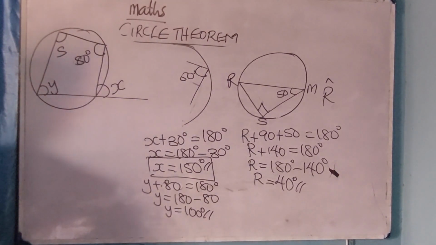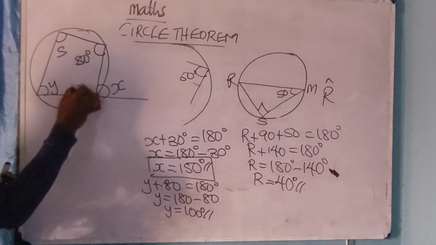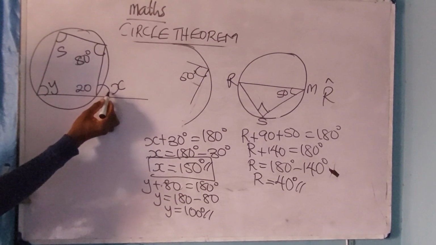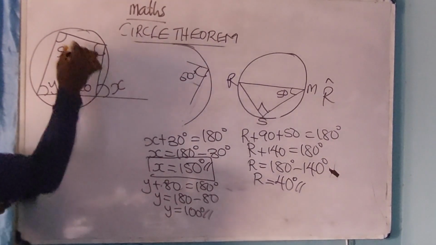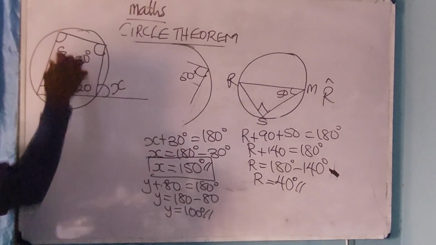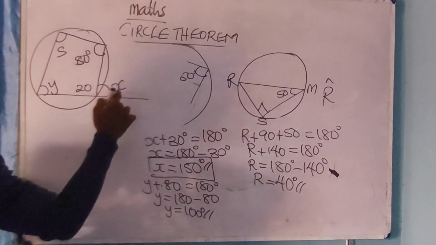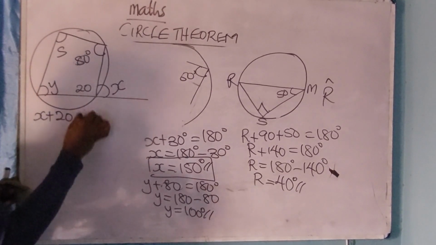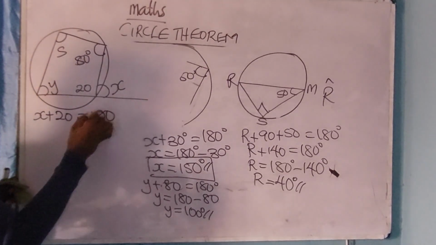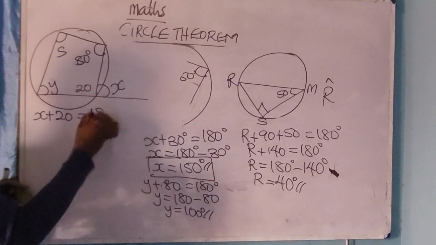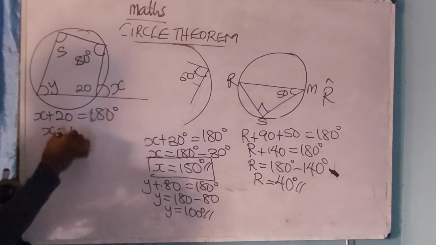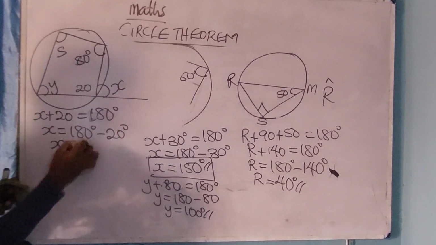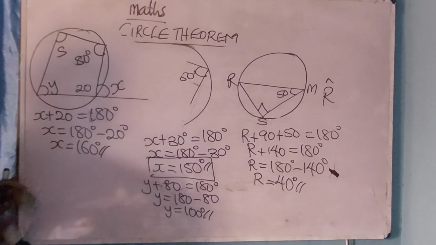Now, what is the first thing we'll do here? Okay, maybe 20. Now, to look for the value, I told you that the exterior angle of a cyclic quadrilateral is equal to the interior opposite angles. Now, to get the value of x, it is x plus 20 degrees equals 180. Now, x equals 180 minus 20 degrees. Therefore, s equals 160 degrees.